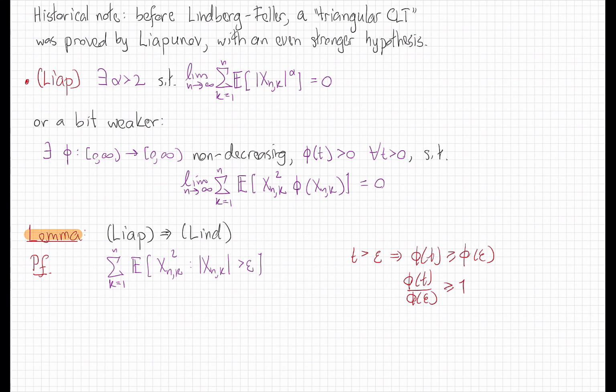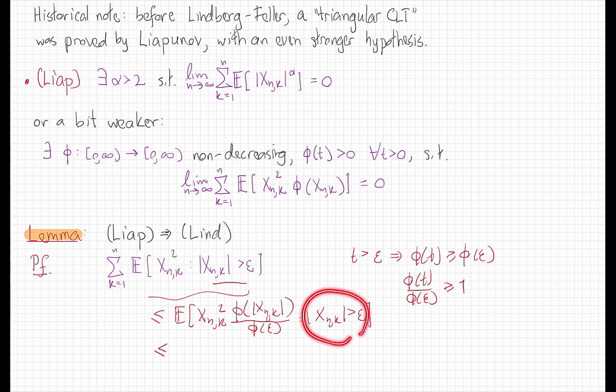But that means that on this set where we're assuming that |X n k| is bigger than epsilon, phi of |X n k| divided by phi of epsilon is bigger than or equal to 1, which means that this term is less than or equal to this, and of course that's less than or equal to the same term where we drop this indicator function and replace it by the constant function 1.